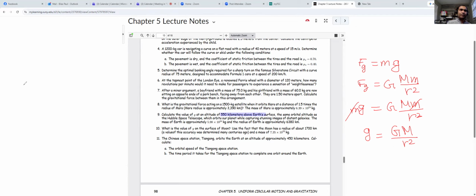Now this equation we use in two different ways. One, at the surface: if you want to know the gravitational acceleration at the surface, then g is equal to G M over r squared, and we use just the radius. Another is at some altitude, and this time our equation is this.